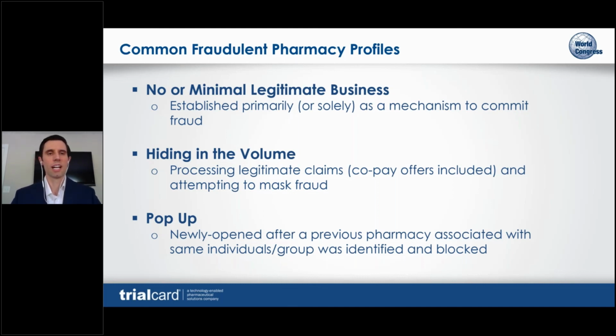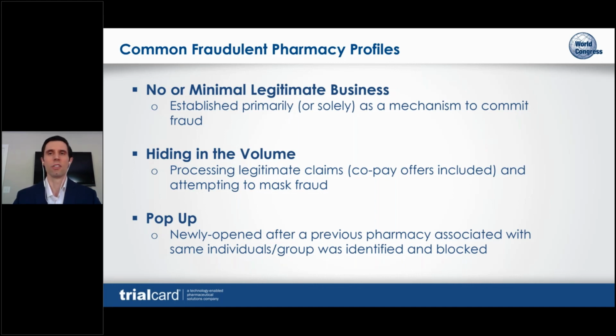And then the final one, which I should have had second, after the no legitimate business one, because it's kind of an associated entity, is the pop-up pharmacy. These are pharmacies that have some sort of a connection, whether it's through the same ownership or just some type of personnel or business connection.